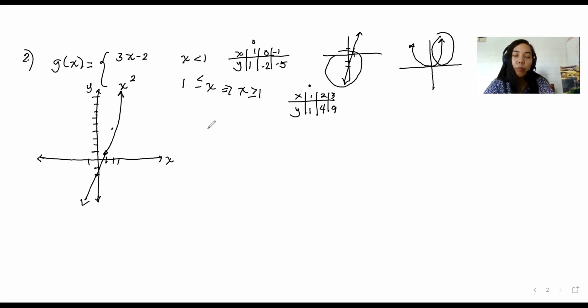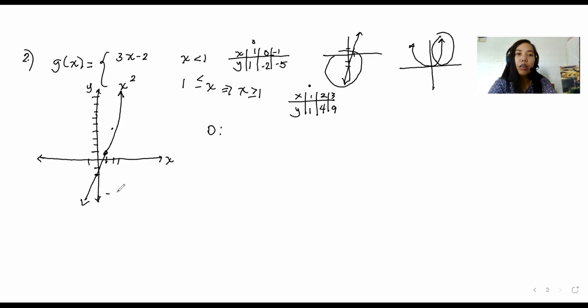Okay, so, given the piecewise function, what do you think is the domain? In the first one, we have 1, 0, negative 1. It's decreasing. The value of y decreasing. Okay, so the domain for the line is what?